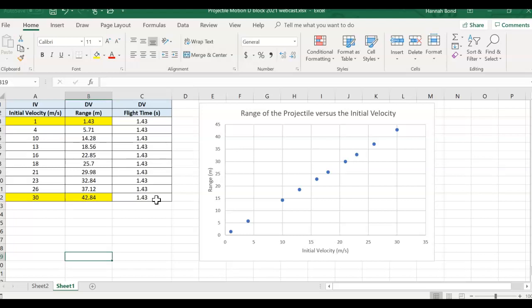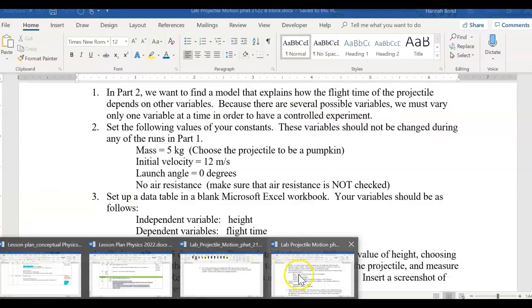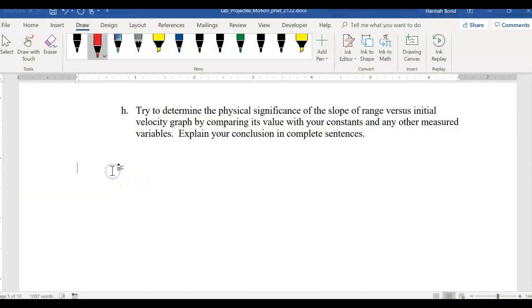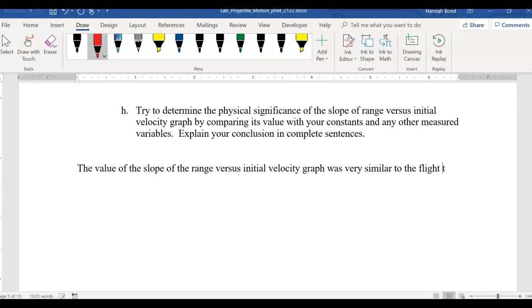So here in part H, we'll say the value of the slope of the range versus initial velocity graph was very similar to the flight time of the pumpkin.